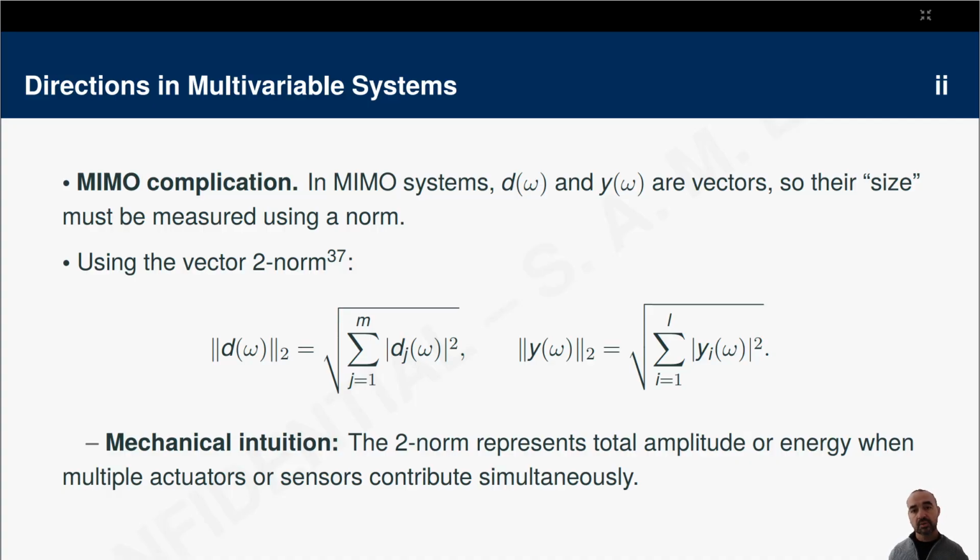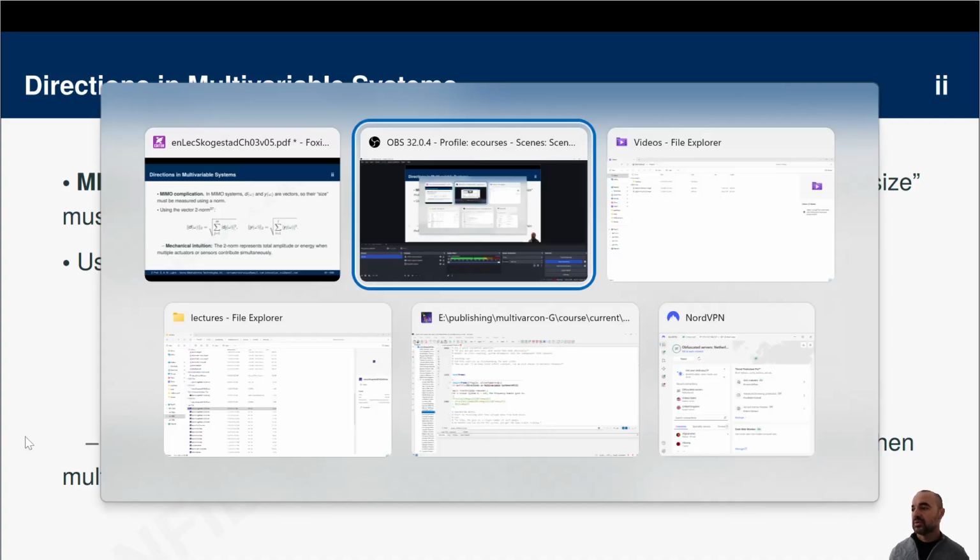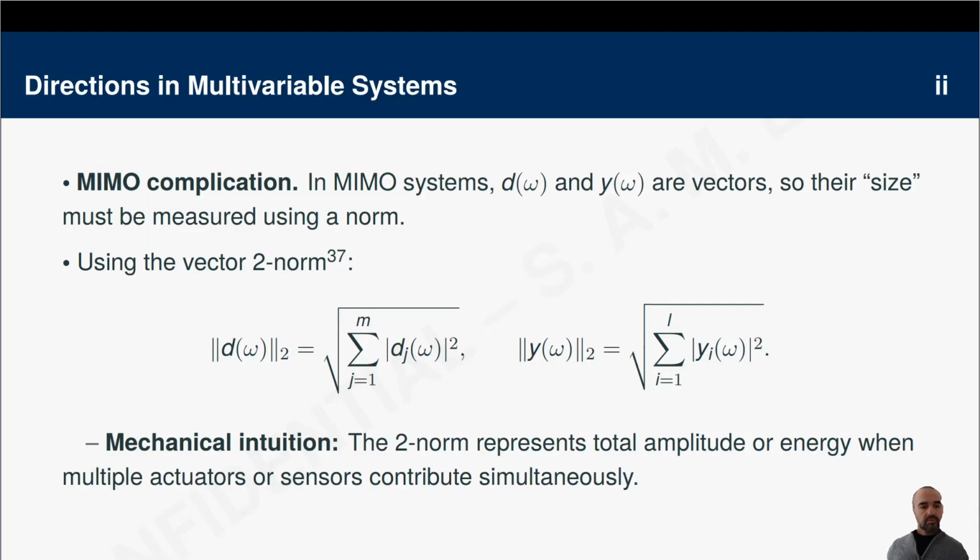So we need to define methods to evaluate each output. Again, assume you have two actuators firing at once, and what does input size even mean? This motivates norms as physically meaningful aggregate measures.